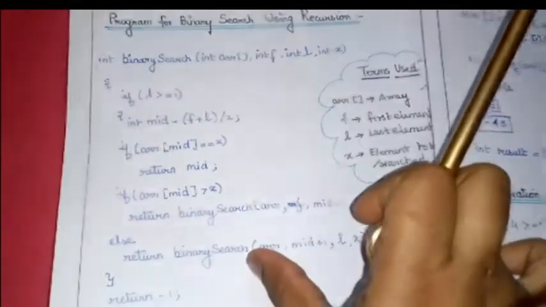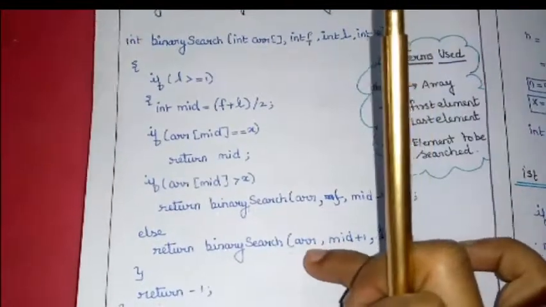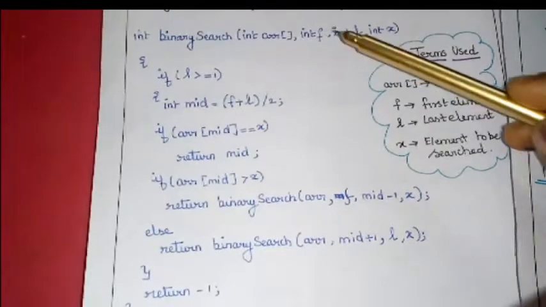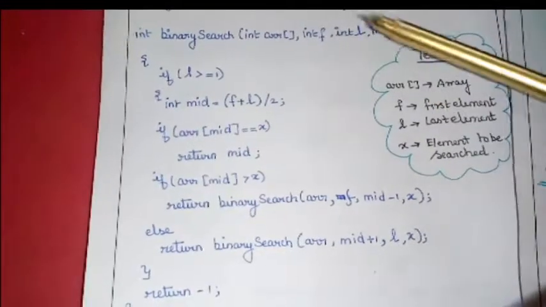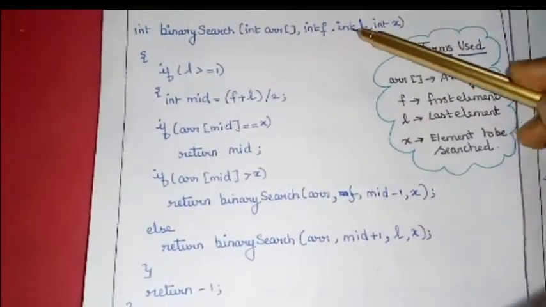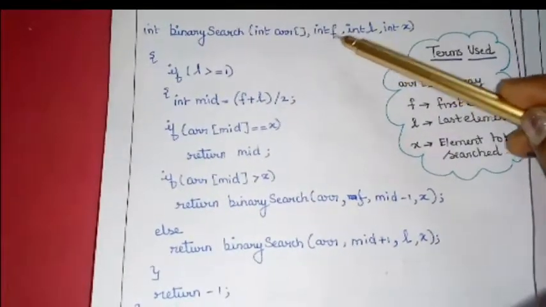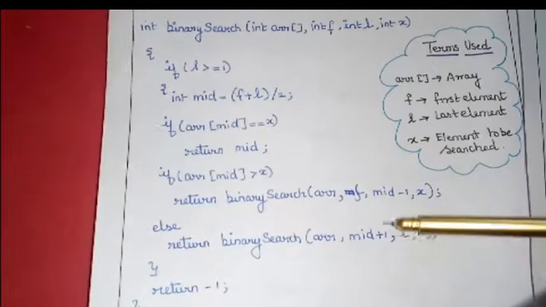Okay, with this set of parameters, again just place array of element to this part, and now the mid plus 1 will be replaced with f. L will be replaced with L and x will be replaced with x. Wherever you are finding f, it has to be replaced with the mid plus 1 value.